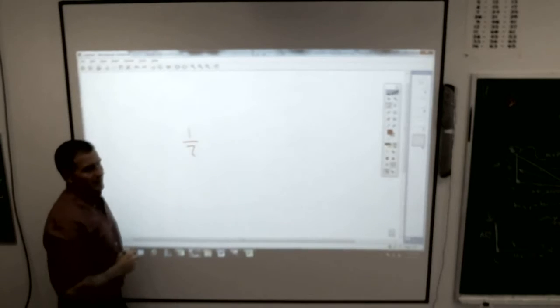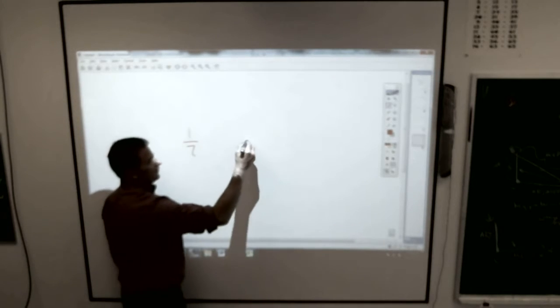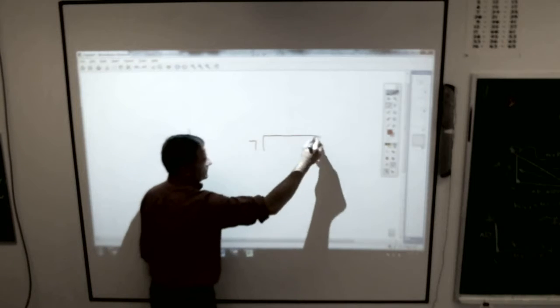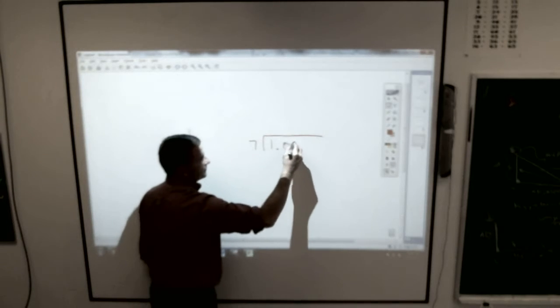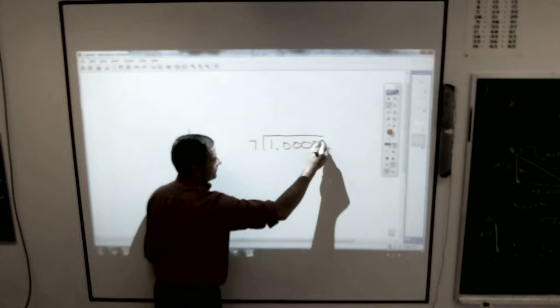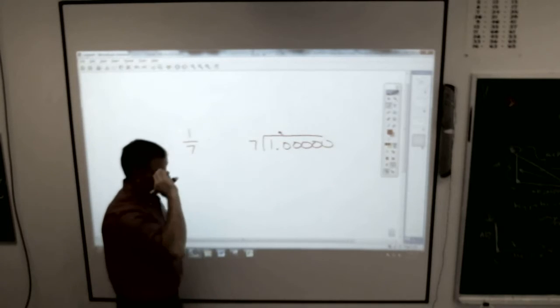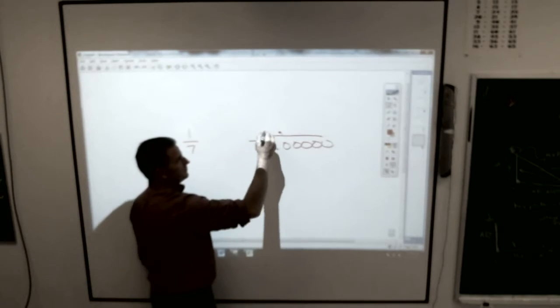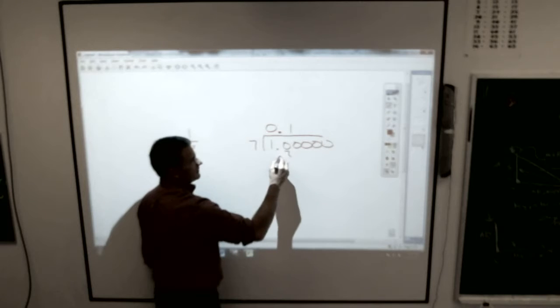Now for example, here's a good one for you. What is 1/7 as a decimal? Well, if you take 7 and divide it into 1, check this out. I love 1/7. I'll keep adding zeros. It eventually will repeat. It might take a while. 7 goes into 10 once, that's 7.